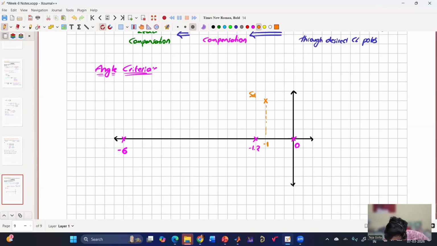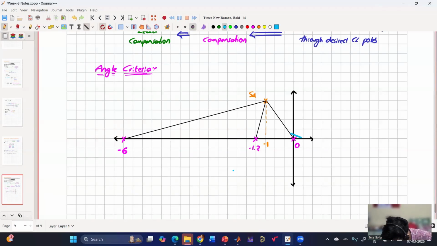So what we have to do is calculate the angles, theta 1, theta 2, theta 3.